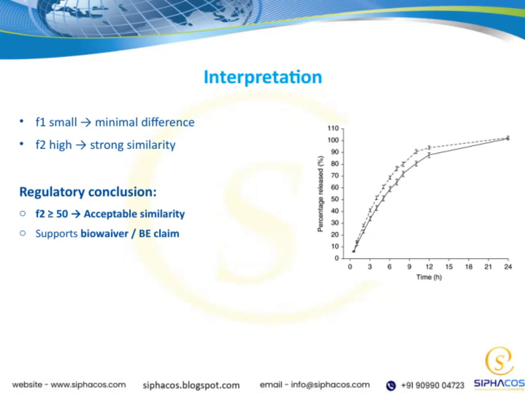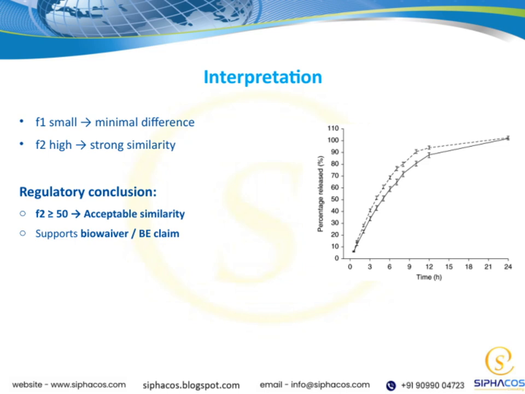Let's take a closer look at the interpretation of the F1 and F2 values. When we see an F1 value that is small, it indicates a minimal difference between the two formulations or samples we're comparing. Conversely, a high F2 value suggests a strong similarity. Now, focusing on the regulatory conclusion, if the F2 value is 50 or greater, we consider the similarity acceptable.